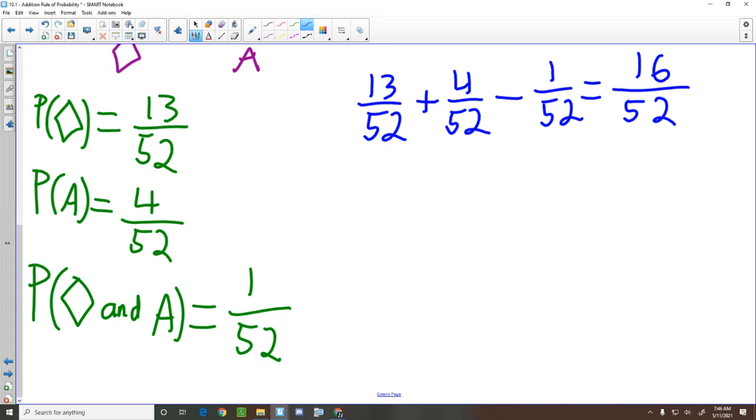And so then your probability of drawing an ace or drawing a diamond is 16 out of 52. Or if you divide it out, 16 divided by 52, we get 0.31. So that's the probability of drawing either an ace or a diamond from a deck of cards.